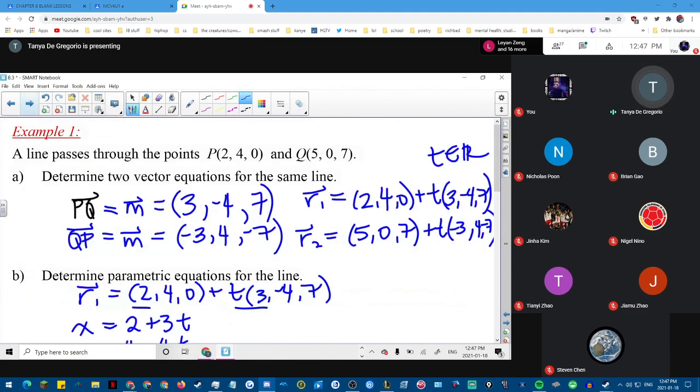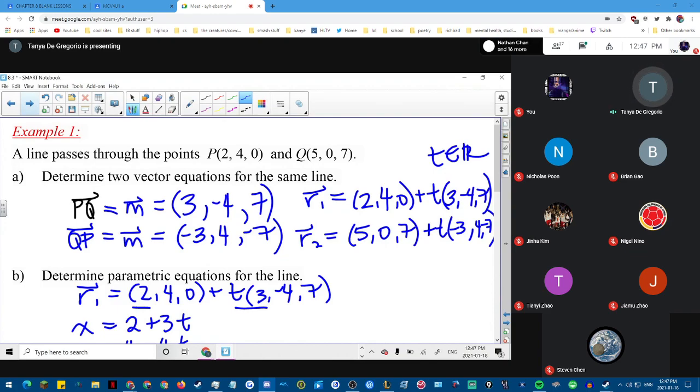Okay, so example 1. A line passes through the points P and Q. Determine two vector equations for the same line. Here you have so many different options. I started off by finding the direction vector for PQ, which is 5 take away 2, 0 take away 4, 7 take away 0, so 3, negative 4, 7. I picked one of the two points and used that direction vector, and that gave me my R1.